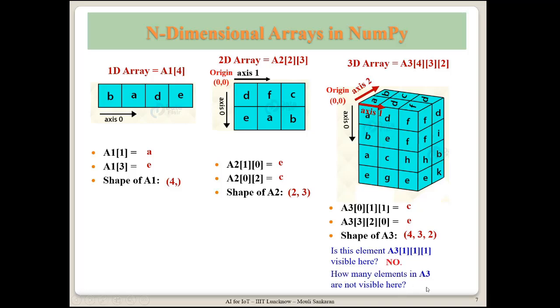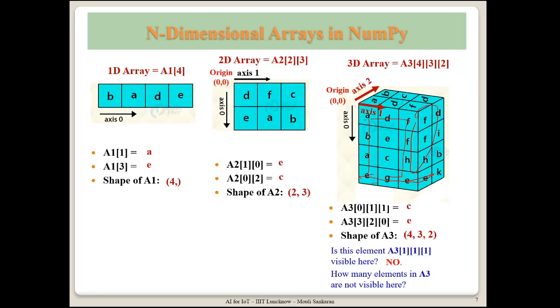Now how many elements are in this A3, and how many are not visible? You can see this slice is visible, this slice is visible, this slice partially visible, all of them on this side are visible.